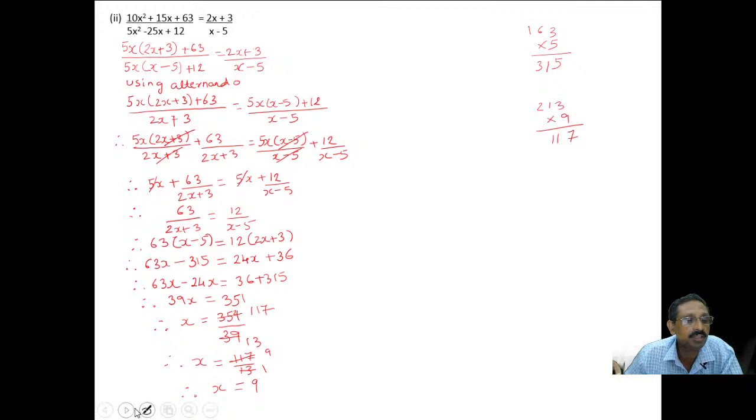Let us move to the next sum. 2x plus 1 whole square plus 2x minus 1 whole square upon 2x plus 1 whole square minus 2x minus 1 whole square, which is equal to 17 upon 8. What can we use here? If you see, componendo and dividendo is already given. We have plus here and we have minus here.